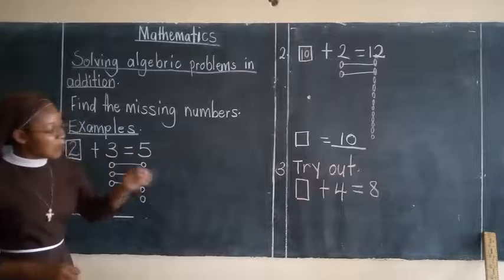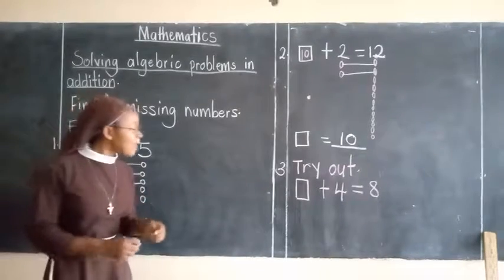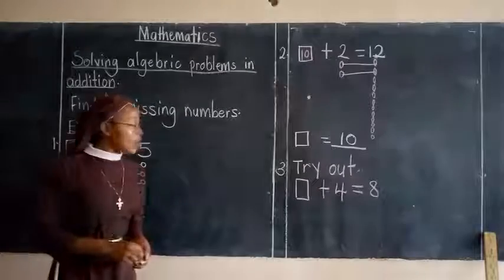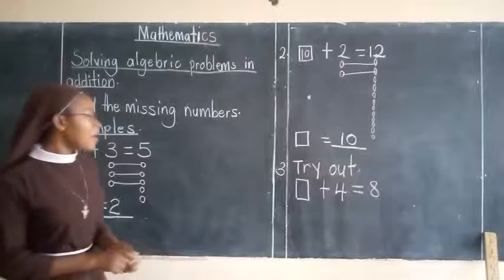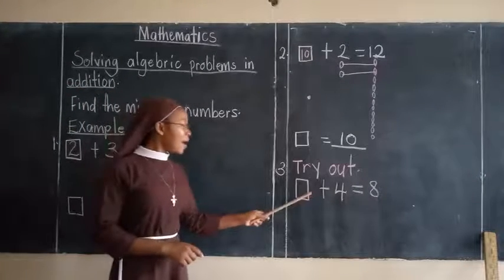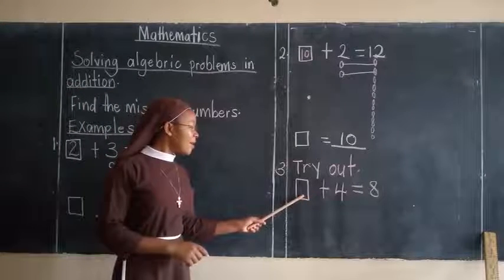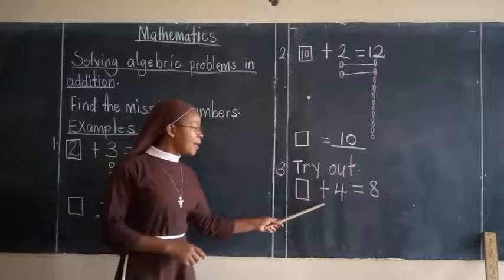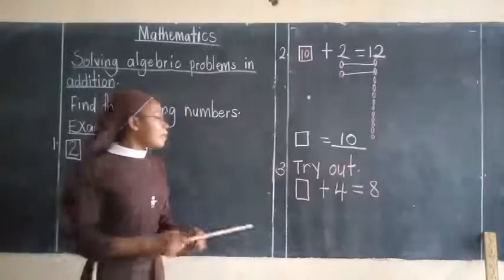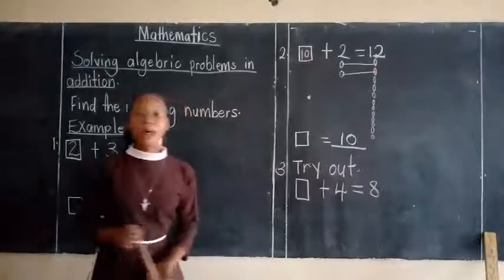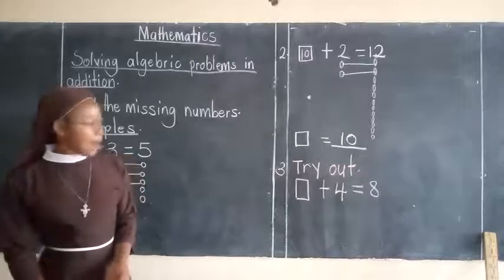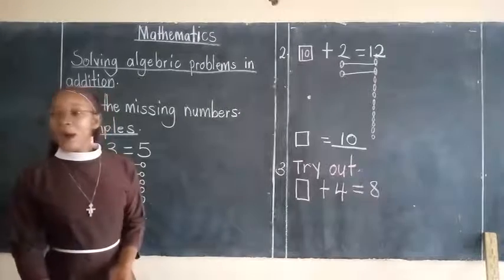Let's use that method and we work out. Remember we said if we've not been given the first number and we are adding, we subtract the small number from the bigger number.